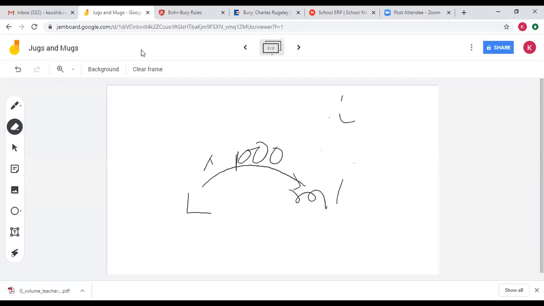Just like kilogram and gram, we have got these to do. And if you want to convert milliliter into liter, we have to divide it by 1000.